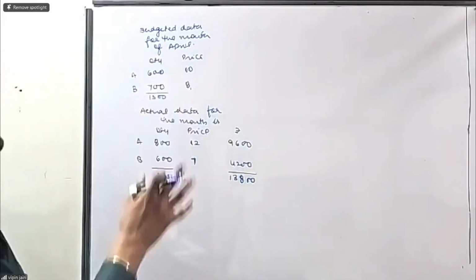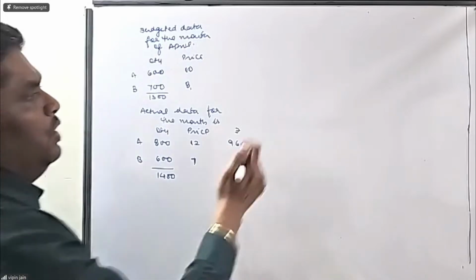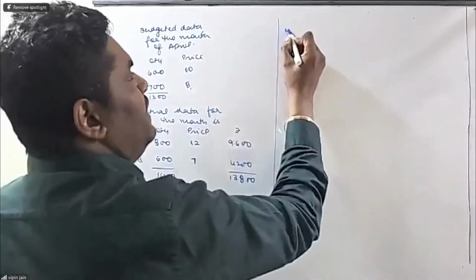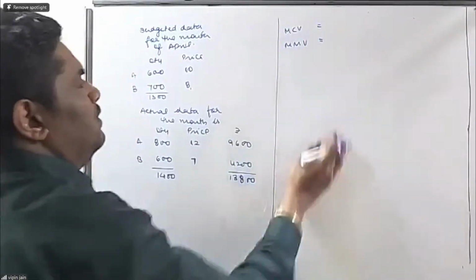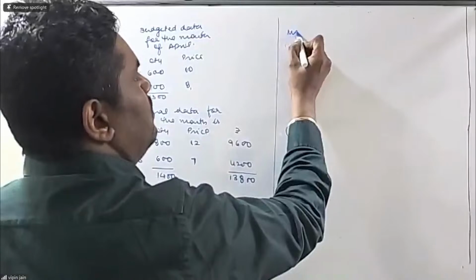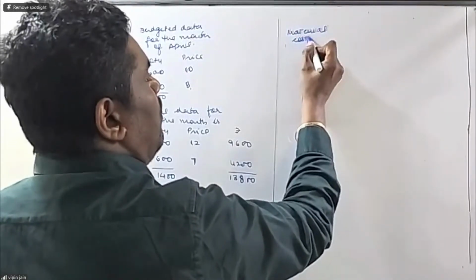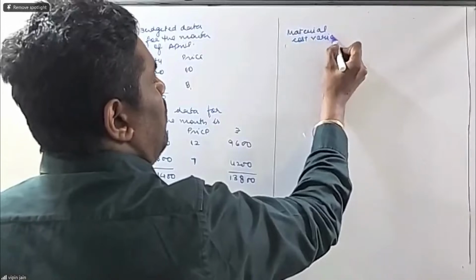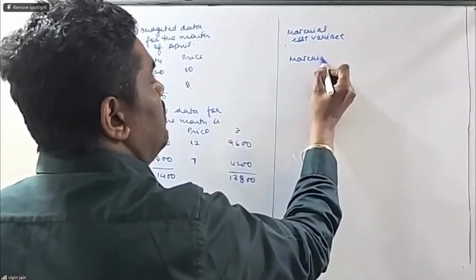So this is the budgeted data and this is the actual data for the month of April. You are required to calculate material cost variance and material mix variance.